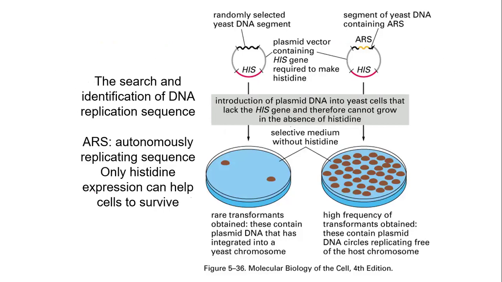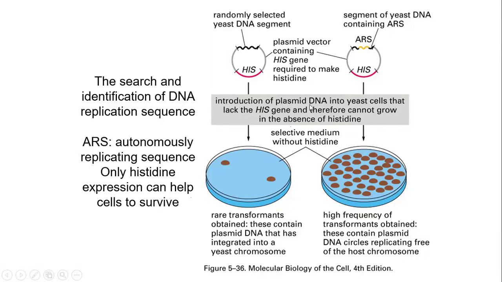So here is a demonstration of the search and identification of DNA replication sequences. For an autonomously replicating sequence, only histidine expression can help cells to survive. You can see here a randomly selected yeast DNA segment and a segment of yeast DNA containing an autonomously replicating sequence.